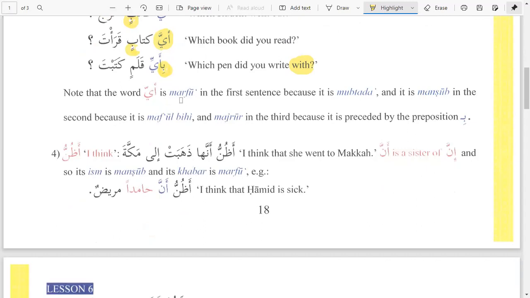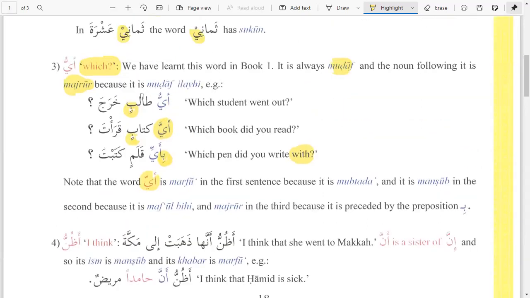Ayu is marfu. In the first case, ayu talibin, it is marfu case. In the first sentence, the ayu is marfu because it is mubtada.